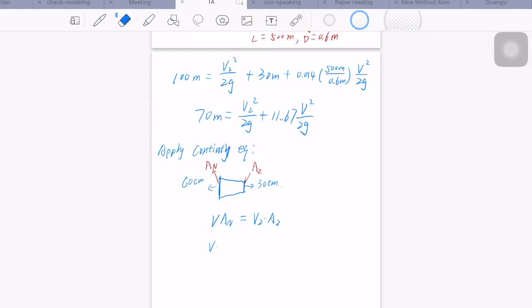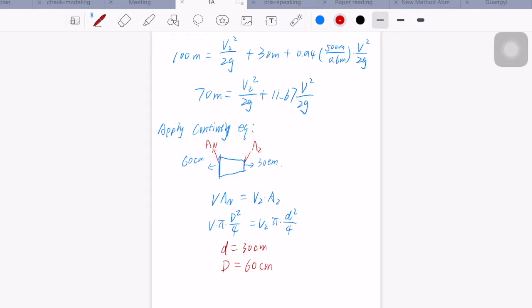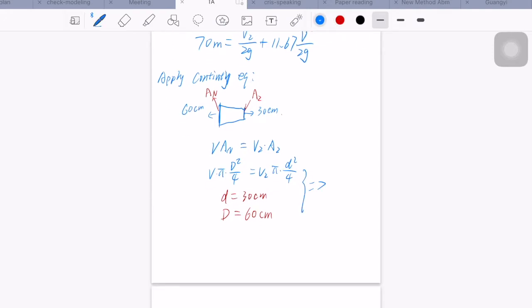So V times pi times d squared over 4 equals V2 times pi times D squared over 4, with the smaller d equals 70 centimeter and the big D equals 16 centimeter. So we can get that V2 equals 4 times V.